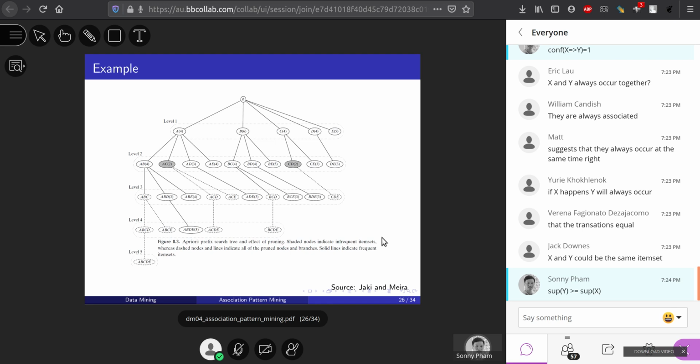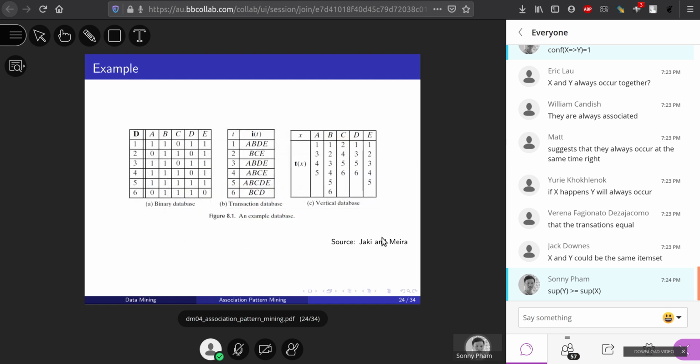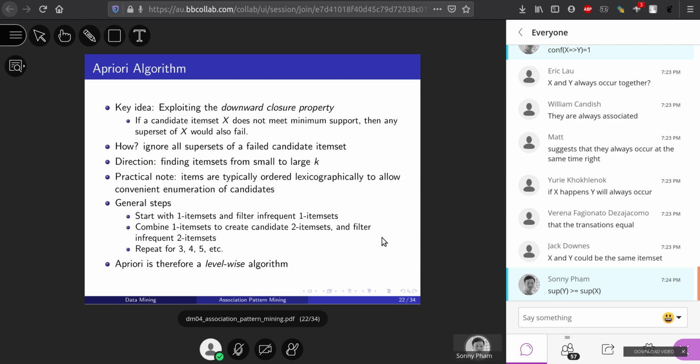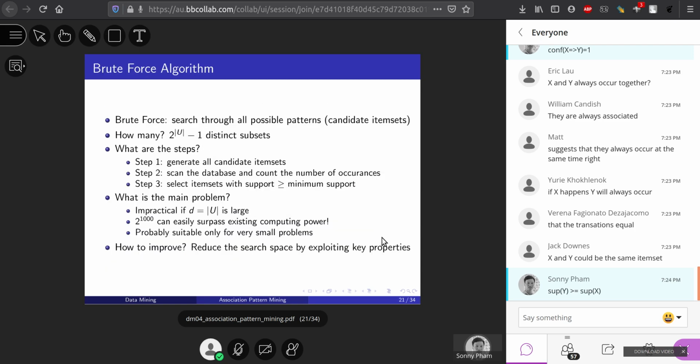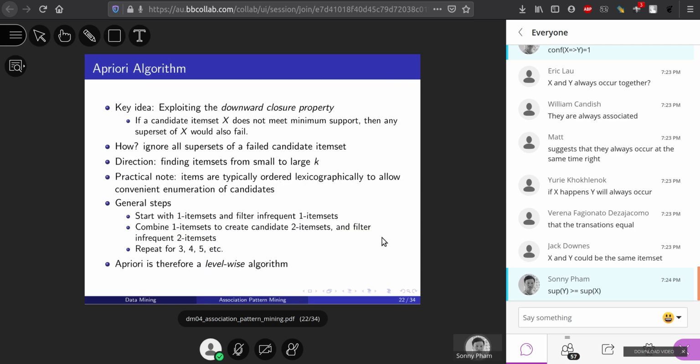So a candidate item set is not a superset of an infrequent item set at the lower level, and it just means that we haven't checked the number of occurrences yet. Okay, so that's the main point I want to make for the Apriori algorithm.